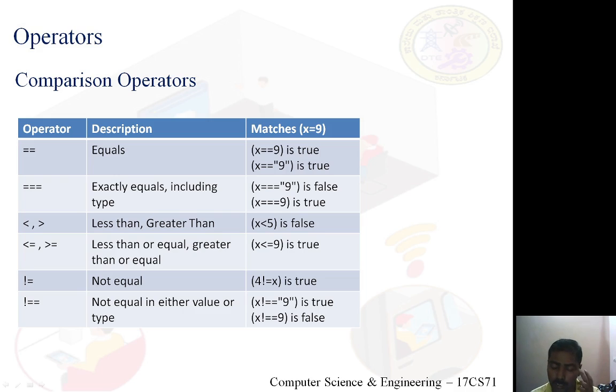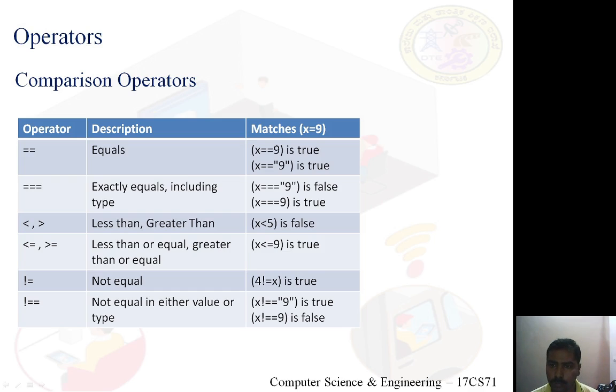When we compare two variables with double equal, it just looks for the content in those two variables. If the contents match, it returns true.